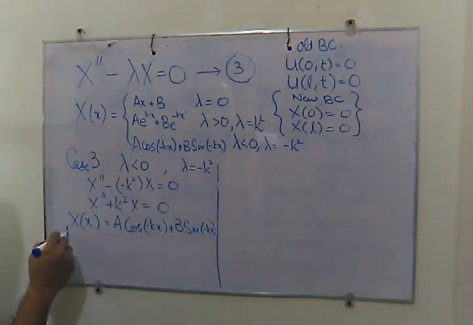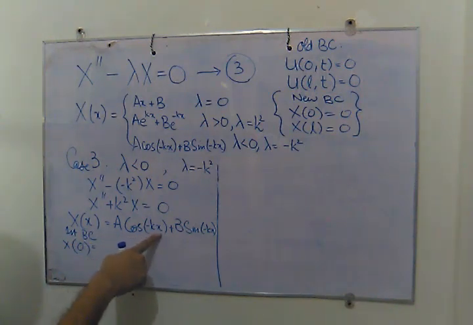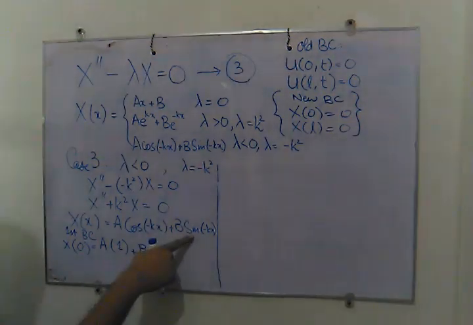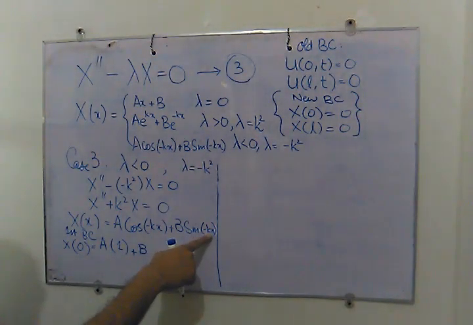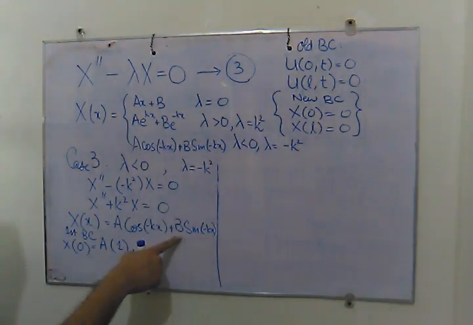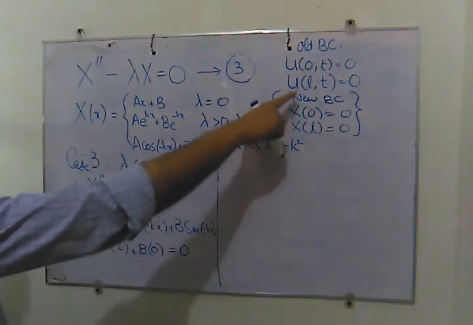Now we apply the first boundary condition to get the values of a and b. When we apply the first boundary condition, we place x equal to 0. Then cos 0, because the bracket term will become 0, is equal to 1, plus b sin of 0, because we put x equal to 0, this bracket term will be 0, sin 0 will be 0, and this whole expression will be equal to 0 because x of 0 is equal to 0, as we have seen here.